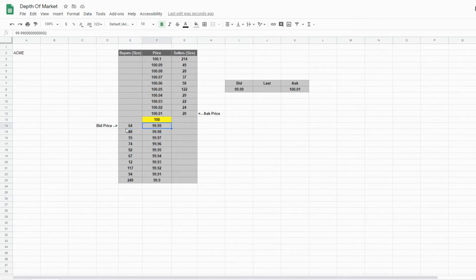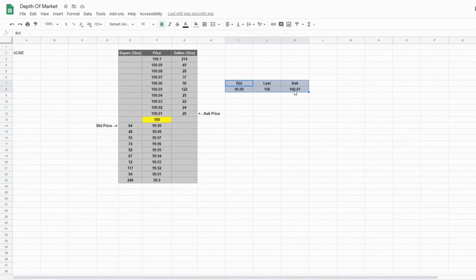$99.99. The highest bid price is called the bid price. The lowest ask price is called the ask price. Typically, if you go on Yahoo Finance or Google Finance and look up any stock while the market is open, the data you will get will be just these three numbers here: bid, last, and ask.